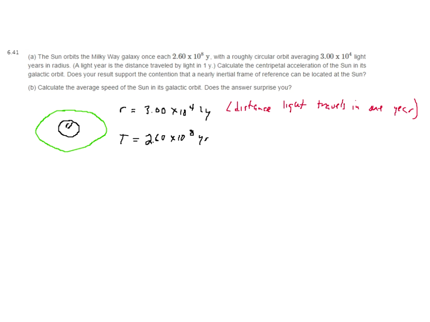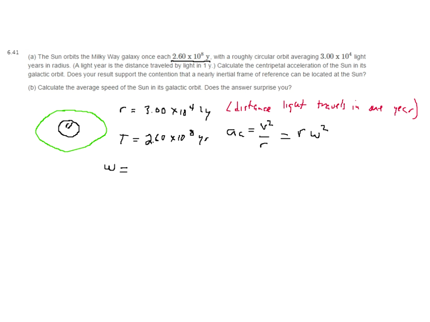So we know that a sub c equals v squared over r, or r omega squared. And since we're given the period, we could figure it out either way, but the best way to do this is to first find omega.